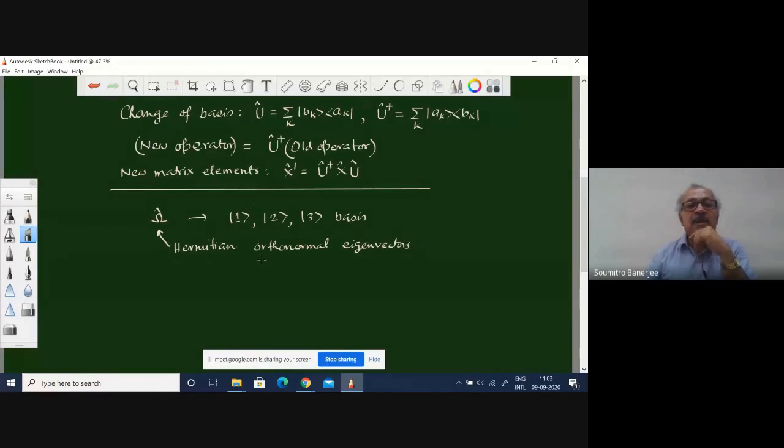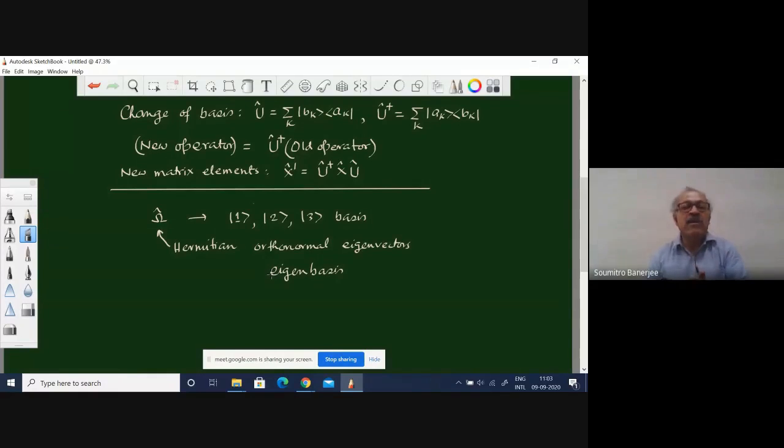So if it has orthonormal eigenvectors, then you can very conveniently change the coordinates, change the basis into the basis of the orthonormal eigenvectors. Then that will be called the eigenbasis. The advantage is that if you can convert into the eigenbasis, then the matrix will become just a diagonal matrix with the eigenvalues in the diagonal elements.